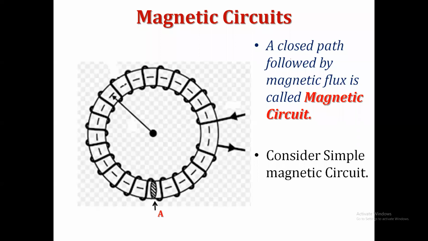This iron ring has an area of cross section, the area of cross section of that magnetic material, of a meter square. The length of this iron ring is L meter. The number of turns wound on that iron ring is N.